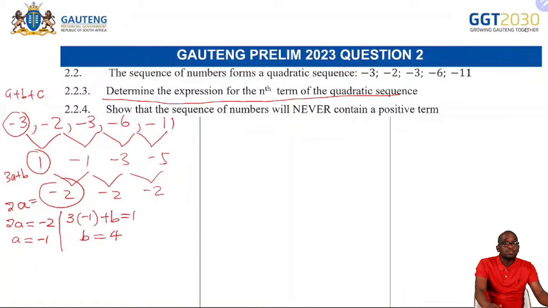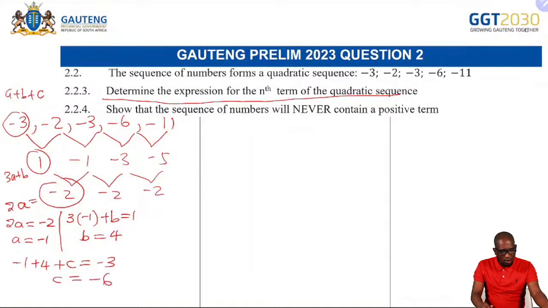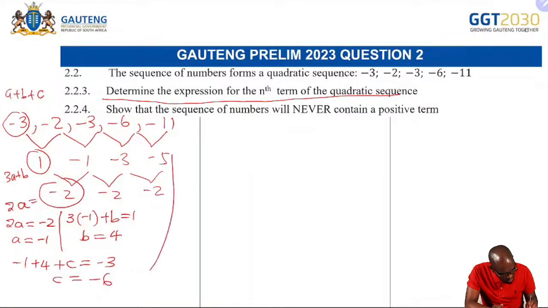And then I have a plus b plus c: negative 1 plus 4 plus c is equal to negative 3. So my c will then be equal to negative 1 plus 4, that's positive 3. Transpose that, you get negative 6. So you have now your a, your b, and your c, which means that you can then write your nth term.